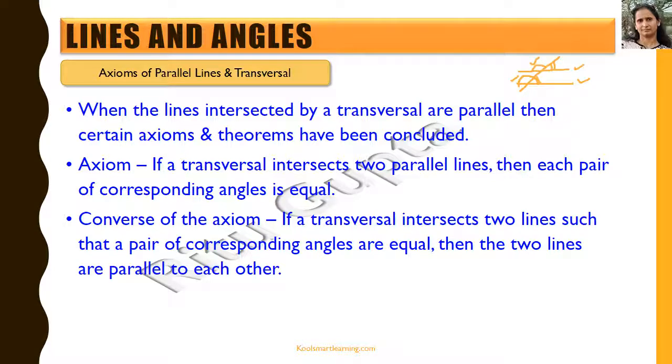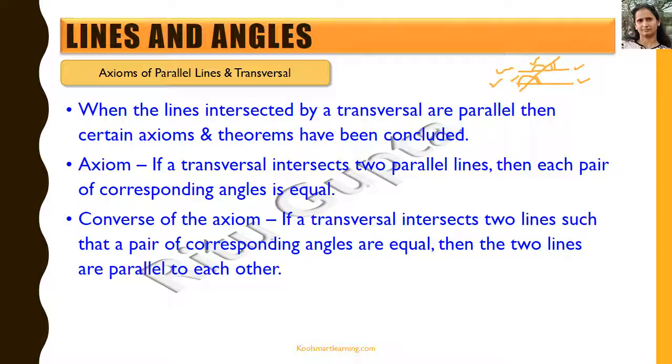Now why is it an axiom and not a theorem? Because it does not require proof, because it is obvious. Since these two lines are parallel, they have a fixed inclination, and the transversal is single, so it has the same inclination with respect to the parallel lines.